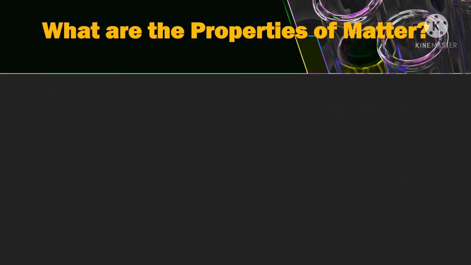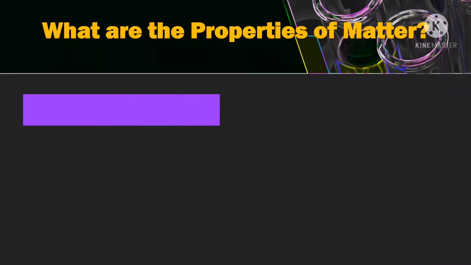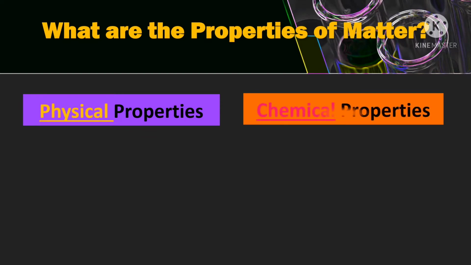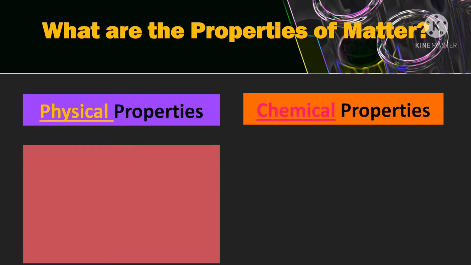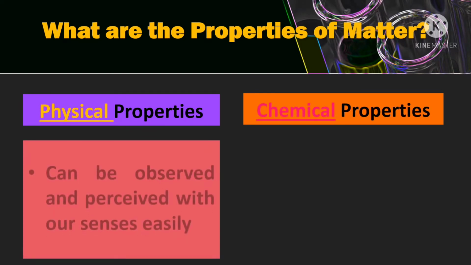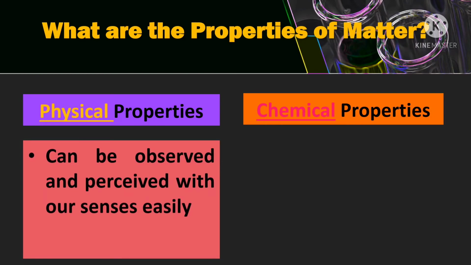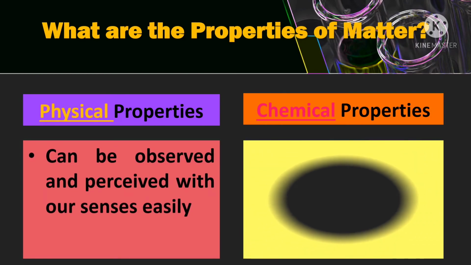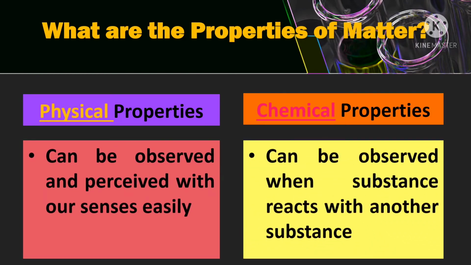Properties of matter are categorized into two: physical properties and chemical properties. Physical properties are those which can be observed and perceived with our senses easily. On the other hand, chemical properties are those that can be observed when a substance reacts with another substance.